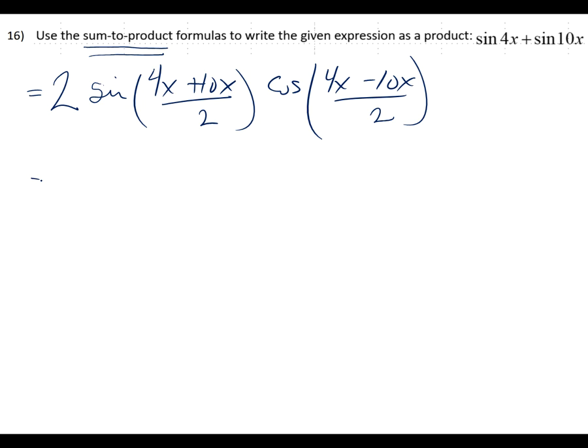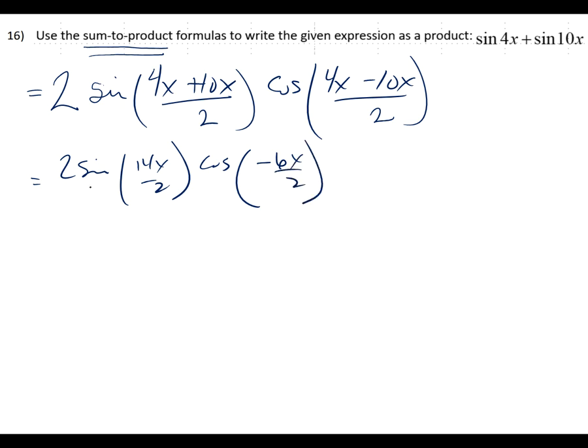Right? All right, so what's 4x plus 10x? 14x over 2, and then 4x minus 10x is -6x over 2. All right, 14 divided by 2 is 7x cosine of what? All right, negative 3x.